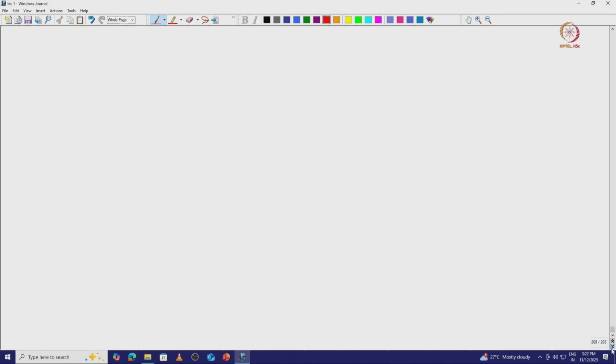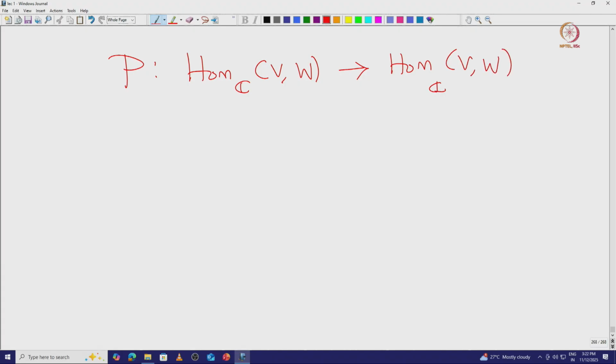So, now what do we want to do? We want to understand this projection map P that we defined from the Hom space to the Hom space. So, recall that this function P is a linear function defined from the Hom space to the Hom space. Now we want to identify this Hom space as the space of m by n matrices.